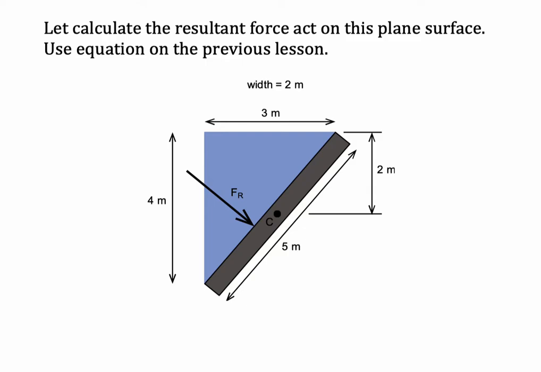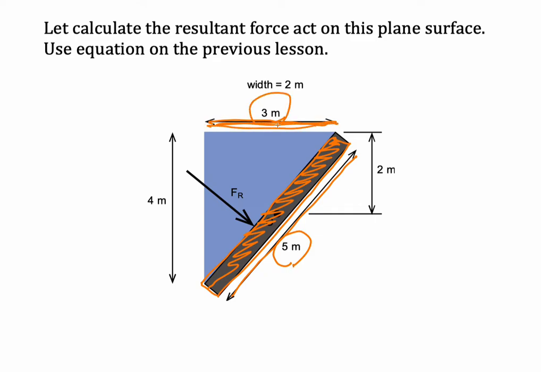For example, we have a plane surface like this, inclined at a certain angle. Let's say the length of this one is 5 meters. We put it in a location with a horizontal length of 3 and a vertical length of 4.